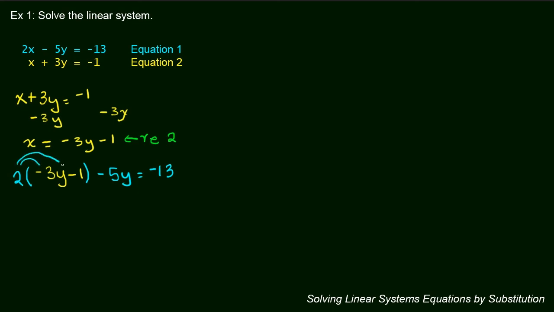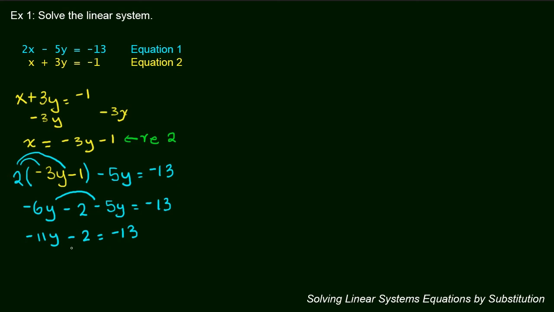So distribute. I have negative 6y minus 2 minus 5y equals negative 13. Combine my like terms. They're the same sign, so I add and keep. Negative 6y plus a negative 5y is negative 11y. Minus 2 equals negative 13.